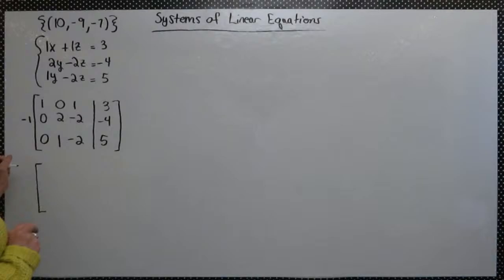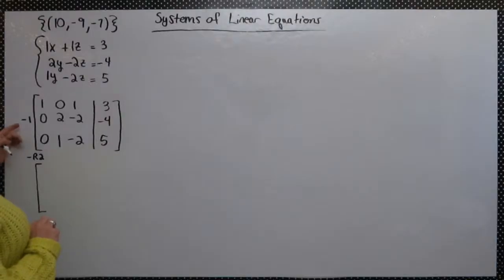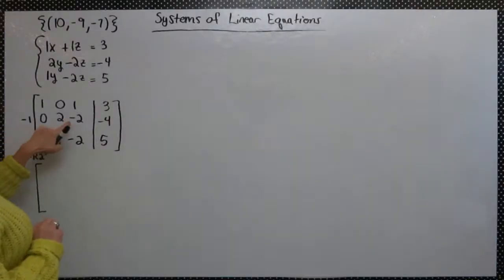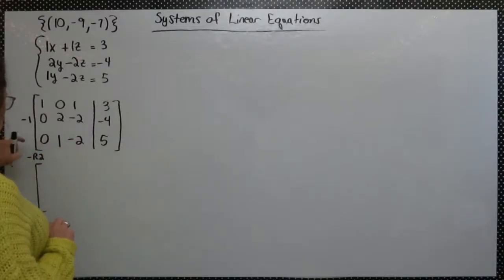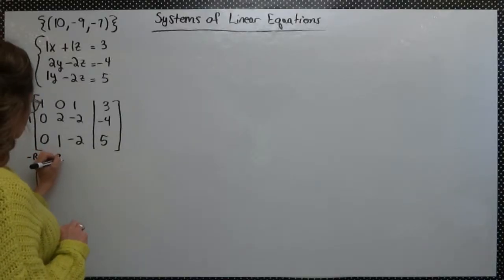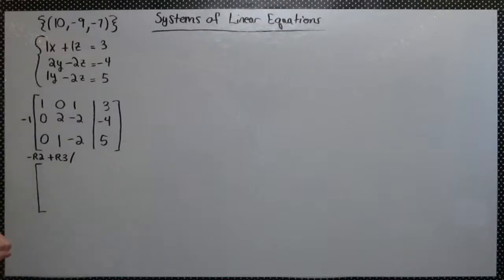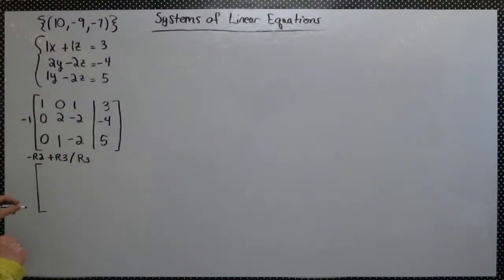So we'll say negative row 2, and then we're going to add it. -2 minus 2 will give us 0. Let's add it to row 3, and then replace row 3. All right, so let's do it.